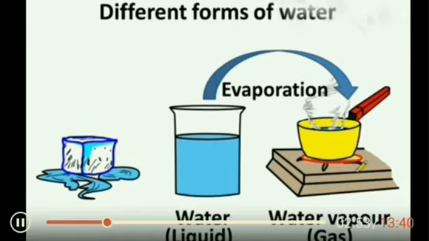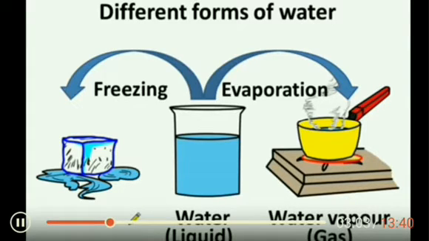Now, take water in a container and freeze it for a few hours in the fridge. What do you get after a few hours? Water is changed into ice cubes. This process is known as freezing.